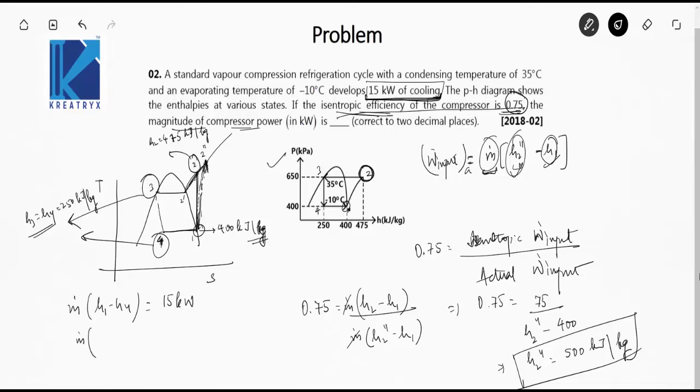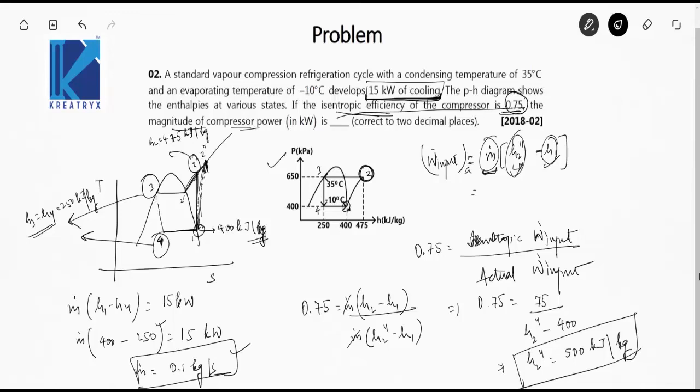H1 is 400, h4 is 250, and since it is kilojoule per kilogram, there is no need to change kilowatt to watt or kilojoule to joule. So m dot is equal to 0.1 kilogram per second.